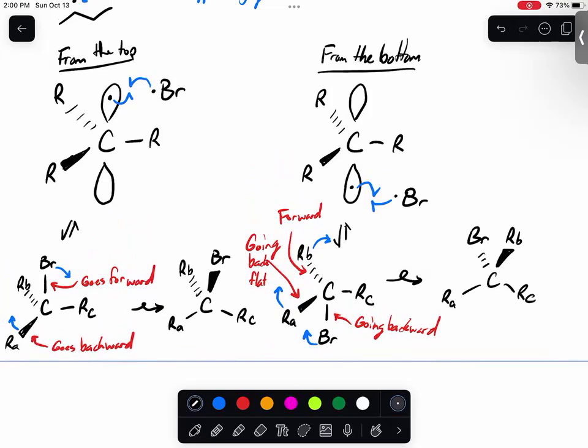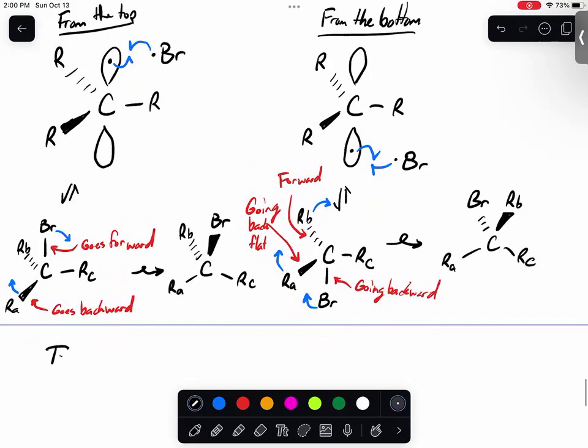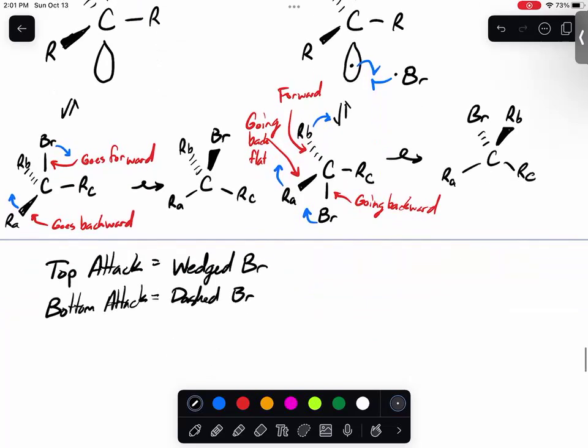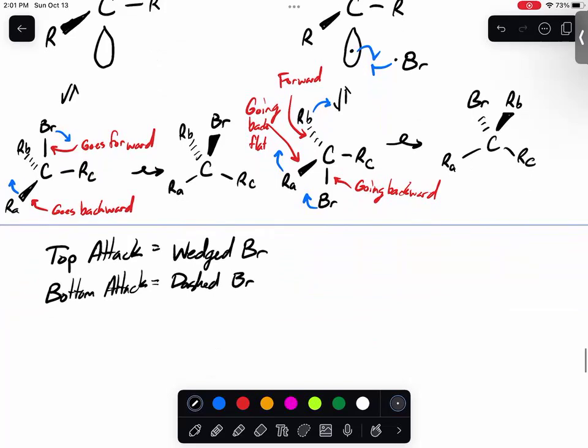Okay? So we can briefly just say that top attack gives us the wedged BR, and then bottom attack gives us the dashed BR. All right? But the question is, which one is favorable? Very simply, it's a 50-50 shot, right?